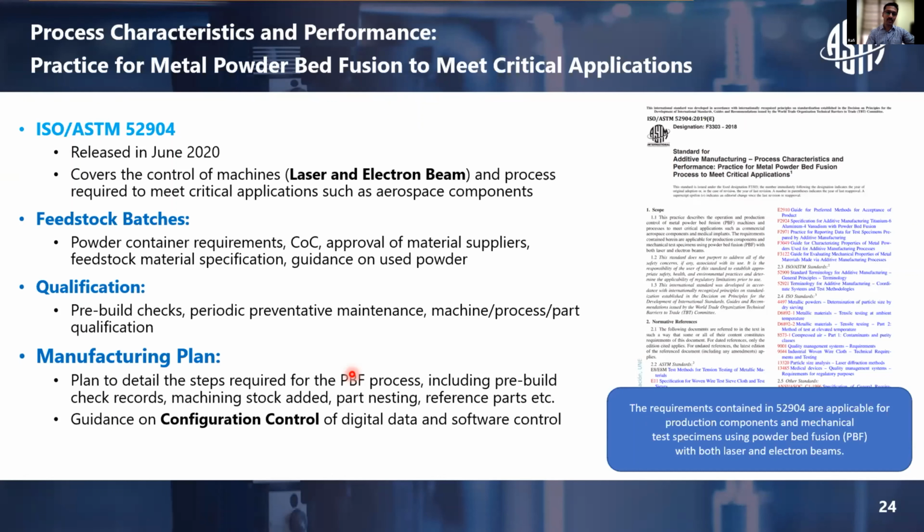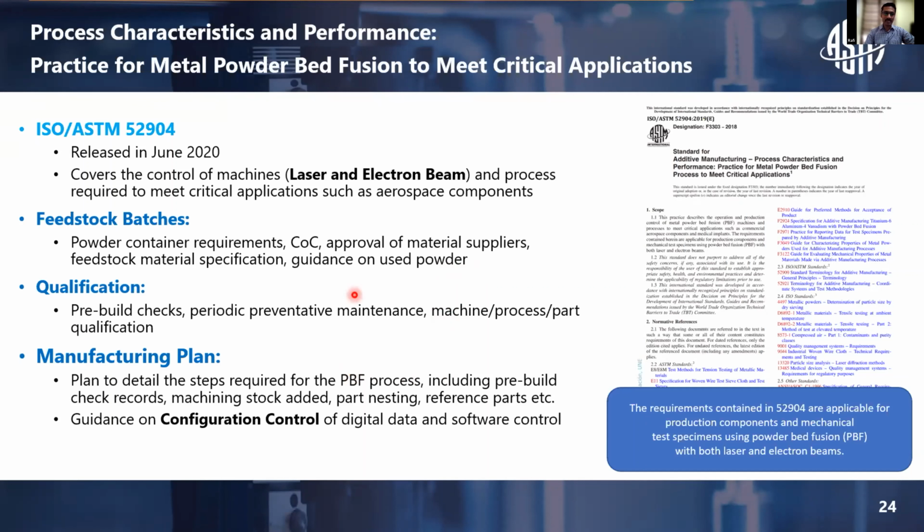There they look for feedstock batches, the requirements for the feedstock to be controlled, like controls for powder batches, approving your suppliers. You should have a qualified vendor. You should have a feedstock specification in place, and you should have guidance on how to use the powder. All those things come under feedstock management.